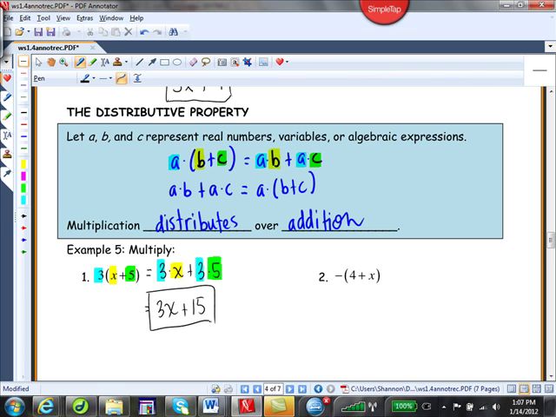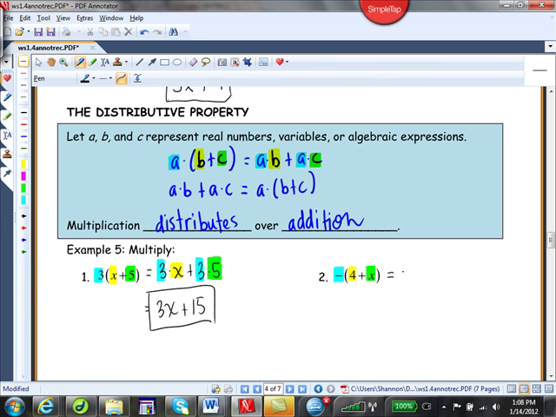Now, number 2, this is the opposite of the sum 4 plus x. So that negative kind of distributes through. You can think of it as a -1 multiplying through that sum. So in this case, the A is the negative, the B is the 4, and the C is the x.